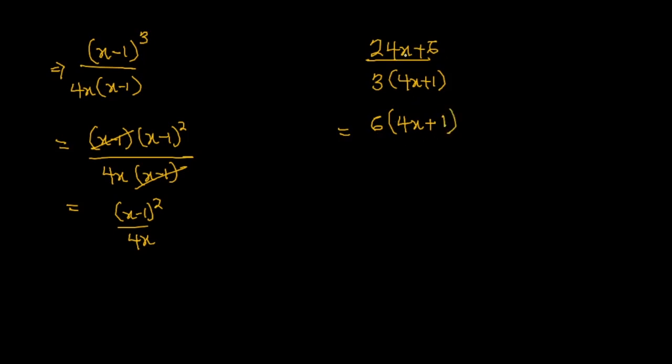So it means 24x plus 6 can be written as 6 outside bracket, then into bracket 4x plus 1. That is, we factored out 6. Now I can divide this by 3 into bracket 4x plus 1. So from here, this can cancel this. Now I'm left with 6 on 3, and this will give me the answer 2 as my final answer after simplifying this expression.